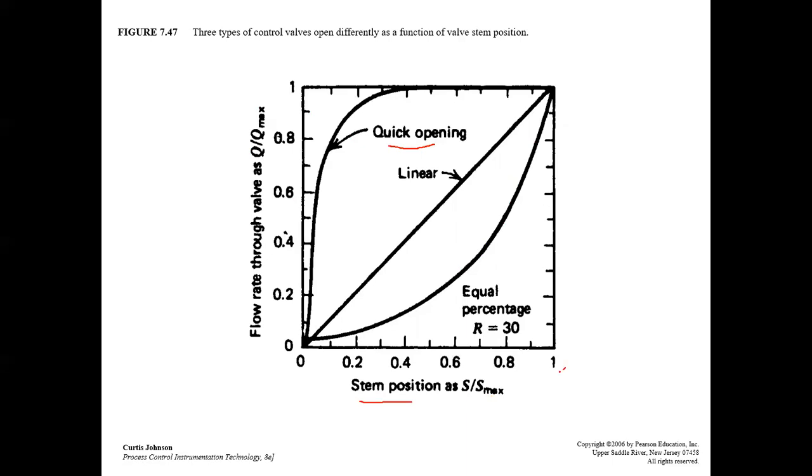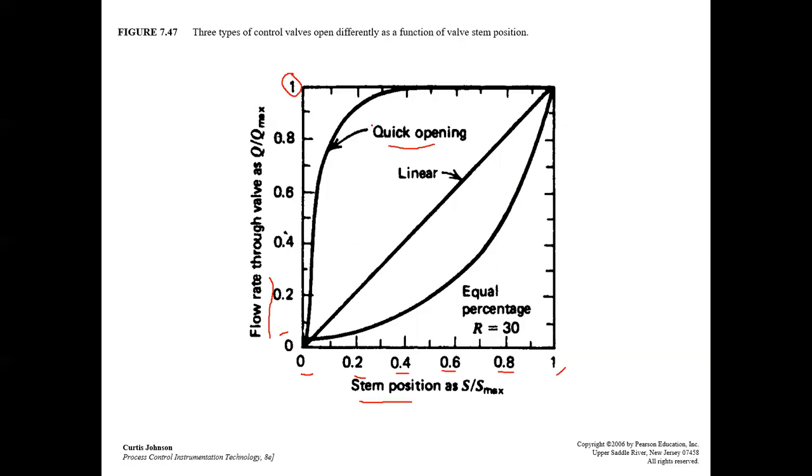The maximum is 1, corresponding to 100%, and the minimum is 0. This is 20%, this is 40%, this is 60%, and this is 80%. And the y-axis is the flow rate, normalized also as Q divided by Q max. The maximum is 1, which is 100%, and the minimum is 0.